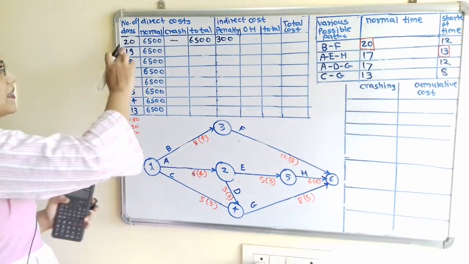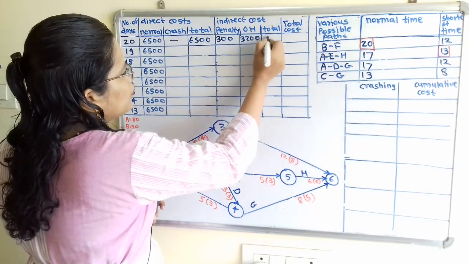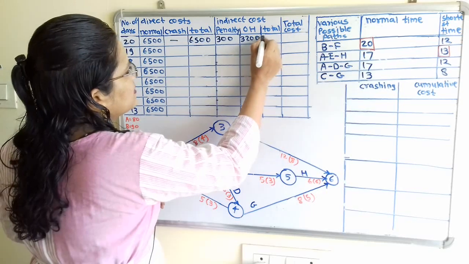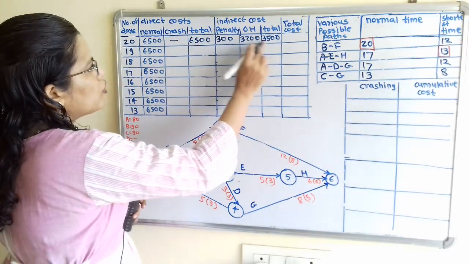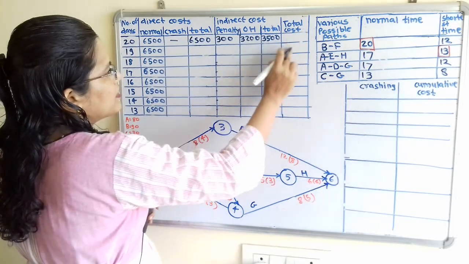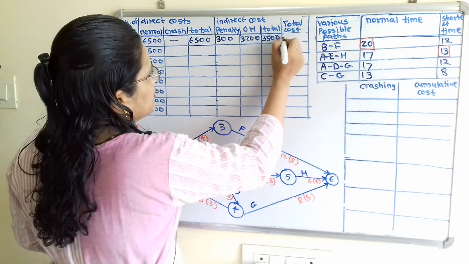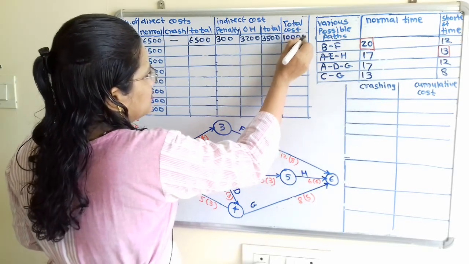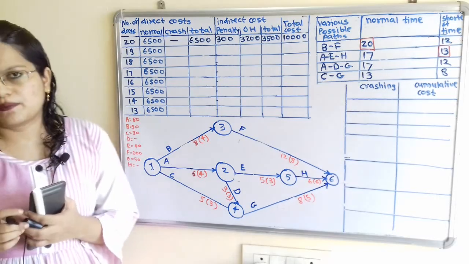So 160 into 20, that is 3200. So what is the total cost? That is 3500. So if we add these two total costs, then we will get the overall total cost, that is 3500 plus 6500, that is 10,000. So the first row is getting completed.